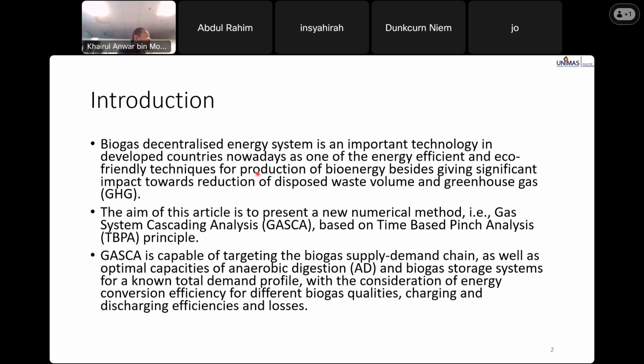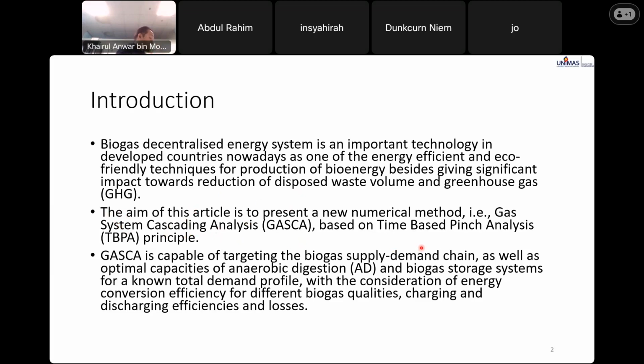Biogas is a decentralized energy system. The aim of this article we just read is to present a new innovative gas system cascade analysis based on time-based pinch analysis (TBPA).